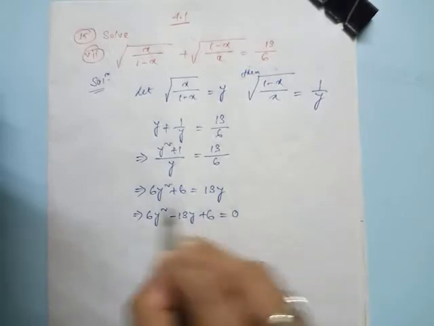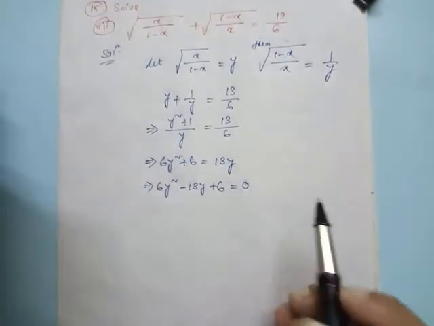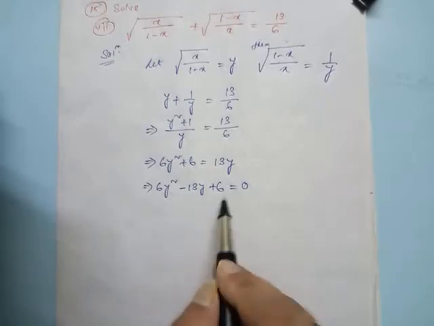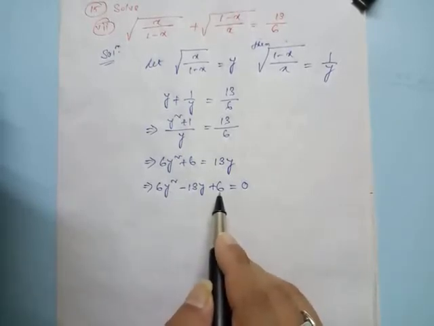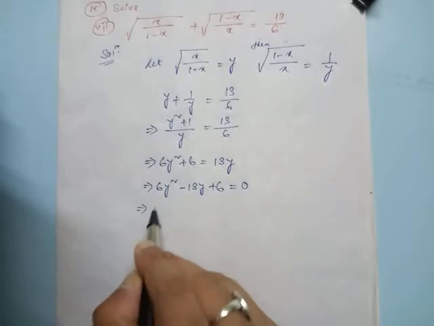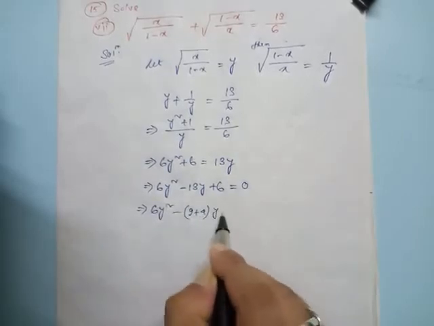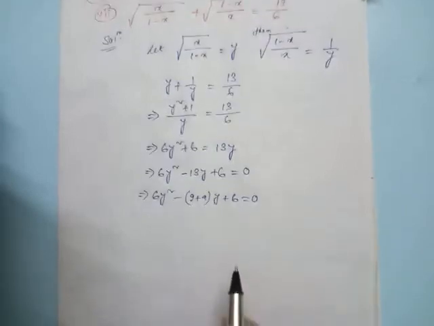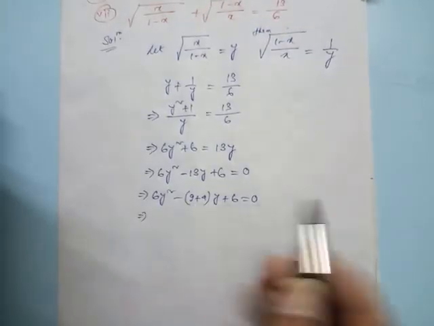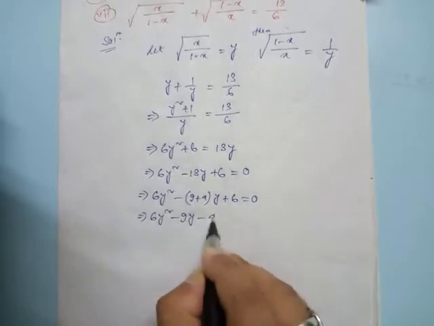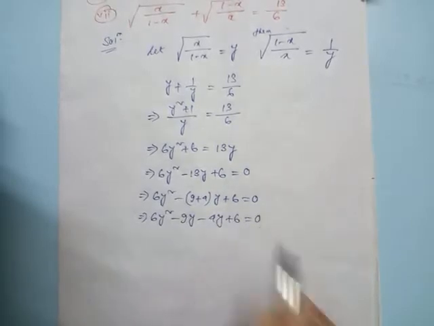So this is a quadratic equation. Now look how to solve this one. We can take middle term factorization: 6 into 6 is 36, and 9 plus 4 is 13, 9 times 4 is 36. So here it is 6y square plus 9y minus 4y plus 6 equal to 0.